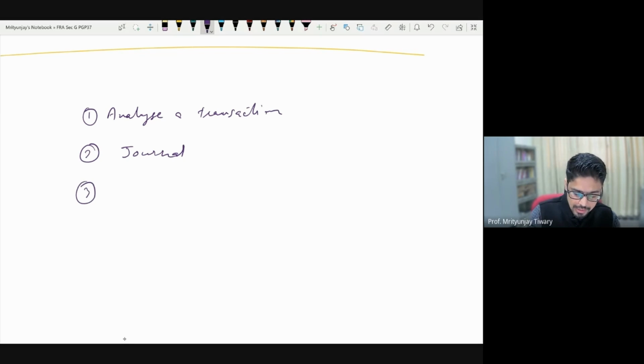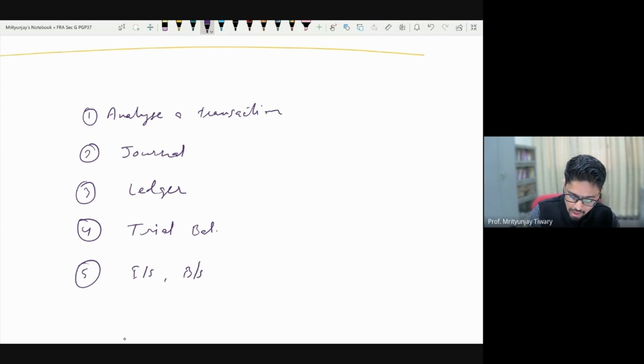Step number 3, prepare something which is called a ledger. Step number 4, prepare something which is called a trial balance. And finally, step number 5, prepare our income statement and balance sheet, along with something which is called closing entries.